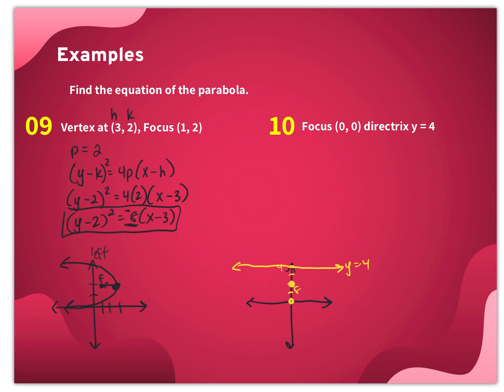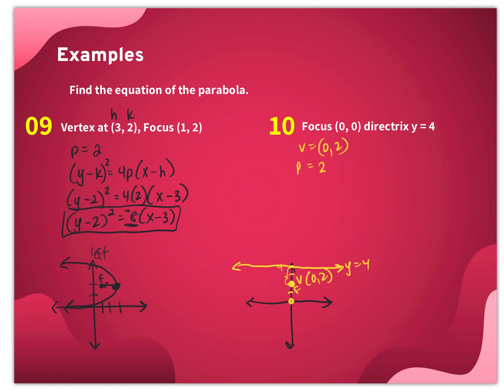So I know my vertex has to be here at 0, 2. And my p-value has to be 2 units. Because again, p is the distance from the vertex to the focus. Or remember, the vertex is also the midpoint between the focus and the directrix. If there's 4 units between them, the midpoint is at 2. So again, that's how I can figure it out.